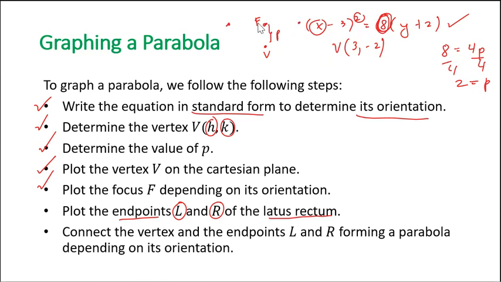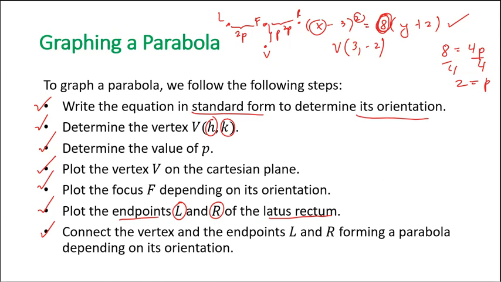And the distance of the focus to these endpoints of the latus rectum is 2 times p. And then we connect the vertex and the endpoints L and R, forming a parabolic pattern, depending on the orientation of the parabola.